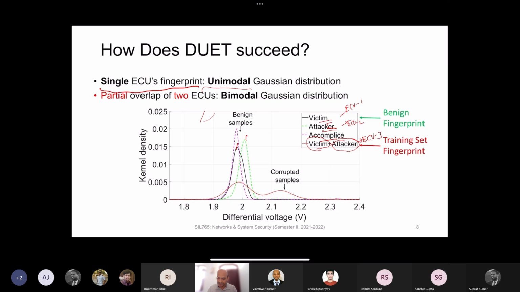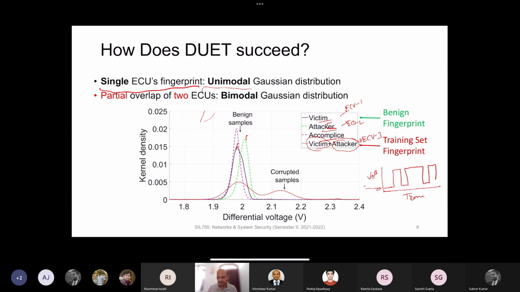Let's say on the y-axis we have the voltage, and on the x-axis we have time. The victim would start transmitting. It will transmit 0 volt, then 2 volt, then 0 volt, and then 2 volt for some time, and then 0.